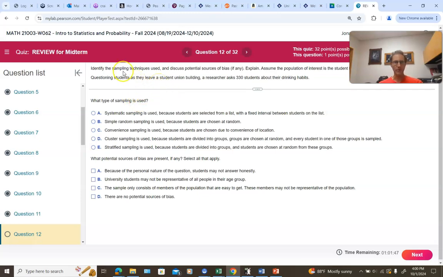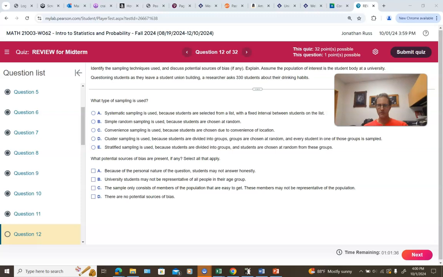Okay, now we're on number 12. Identify the sampling techniques used and discuss potential sources of bias, if any. Assume the population of interest is the student body at a university. Questioning students as they leave a student union building. A researcher asks 330 students about their drinking habits.